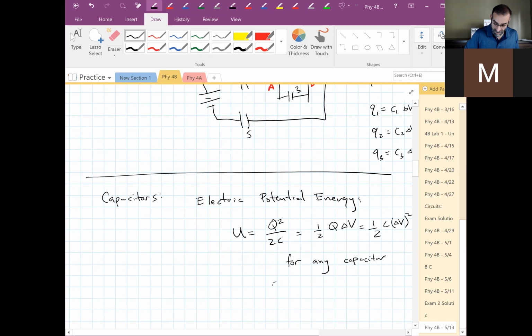And we can do that since Q is equal to CV, right? So once you know one of these forms, 1/2 CV squared, then you can get the other two by substituting in Q equals CV.